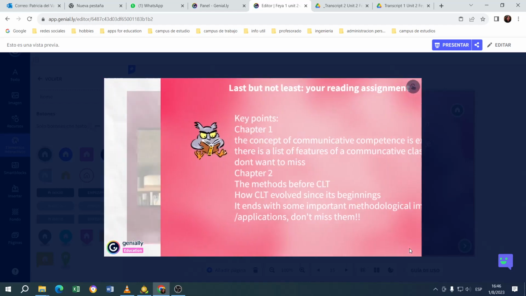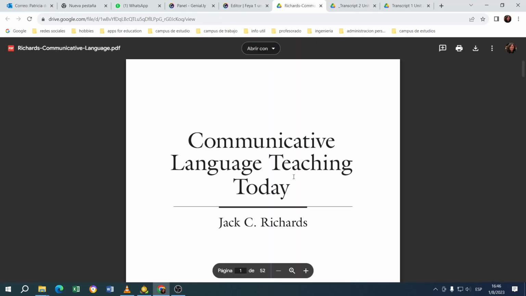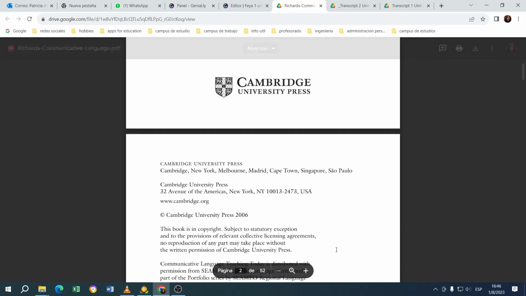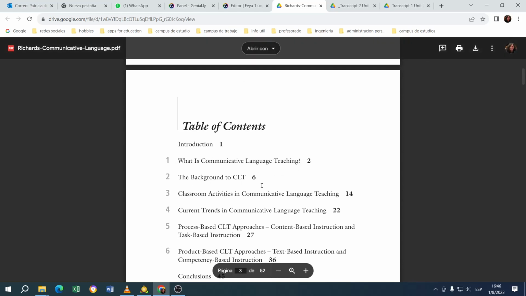Let's move on. Finally, last but not least, there was this reading assignment, chapter 1 from the text I'm referring to, from Richards. Remember, we were discussing the author in the video. This is a book written by him. I think I told you to read chapter 1 and chapter 2.